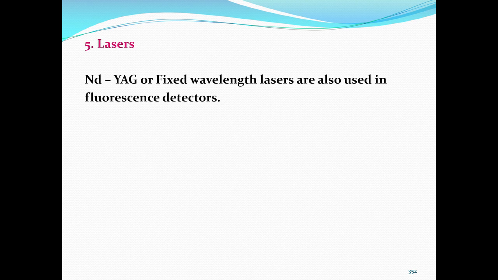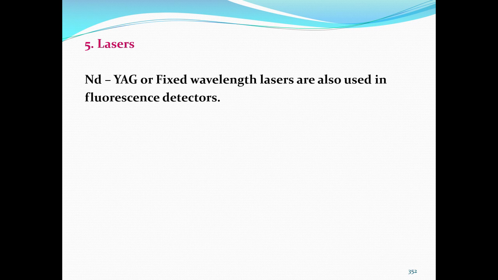The third part is if you can use a laser. Lasers are also used; Nd:YAG or any other fixed wavelength lasers can be used if the wavelength of the excitation matches the fluorescence excitation wavelength, otherwise they are very difficult. But nowadays you also get tunable lasers.